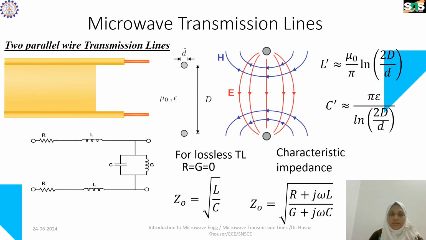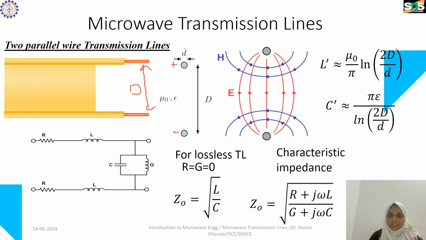You can see this two wire transmission line, which is separated with a dielectric material, and it's a cross section of this two wire line. This is conductor 1 and this is conductor 2. This conductor will be positive and this will be negative.